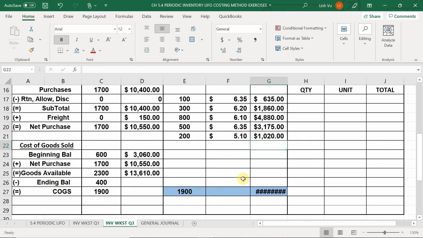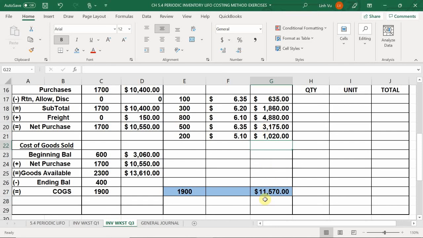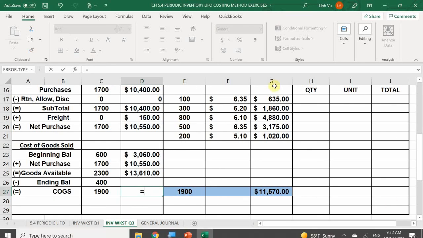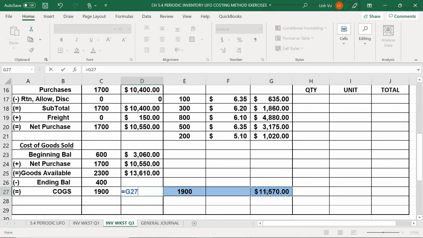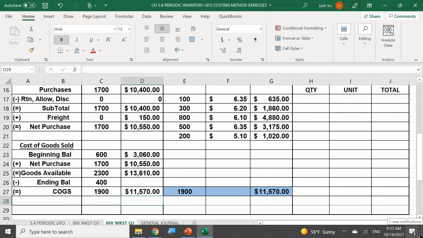So then now, of course, because I've already summed up my columns, right? I have a total cost for selling 1,900 units is going to cost me a grand total of $11,570.